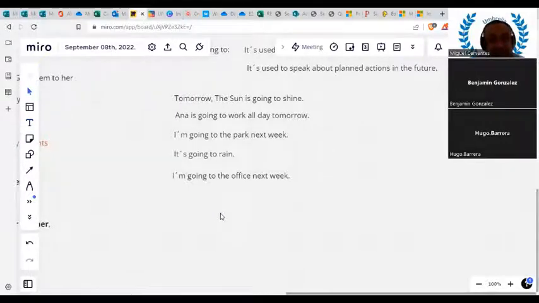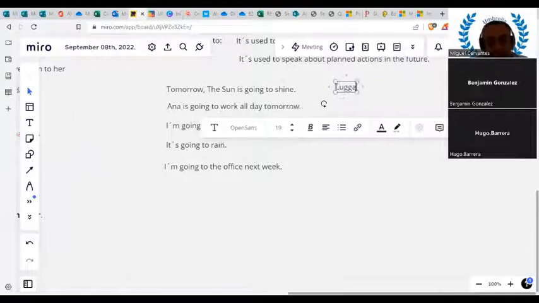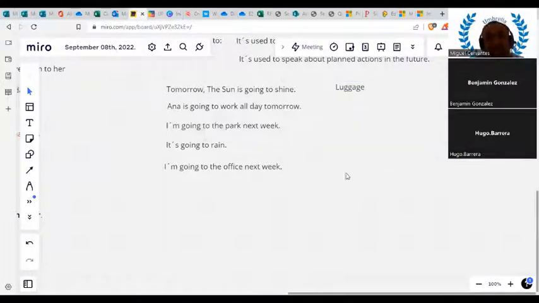Imagine that you see me packing my clothes, preparing the luggage. What is luggage? Luggage. Equipaje. Imaginemos que Hugo me ve preparándome mi ropa, empacándola en el equipaje.